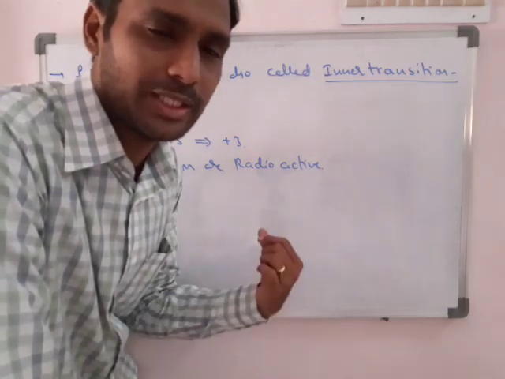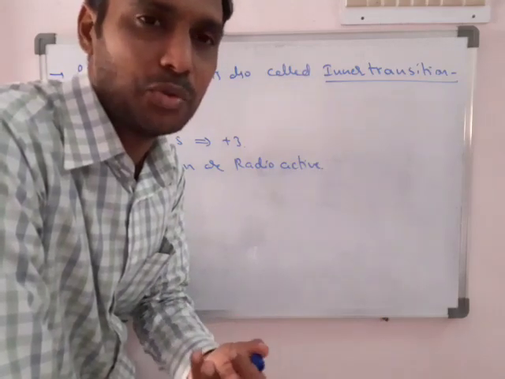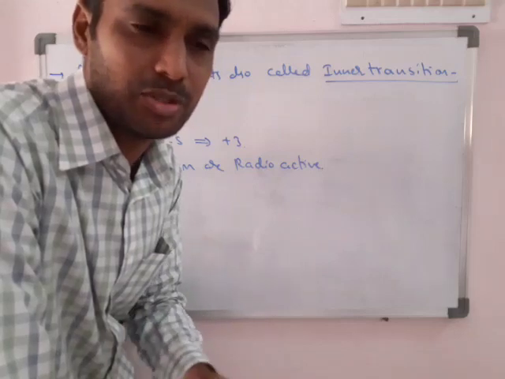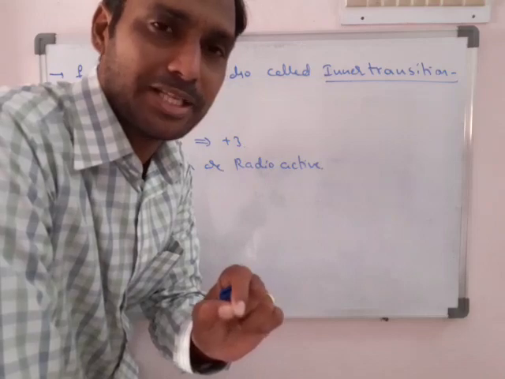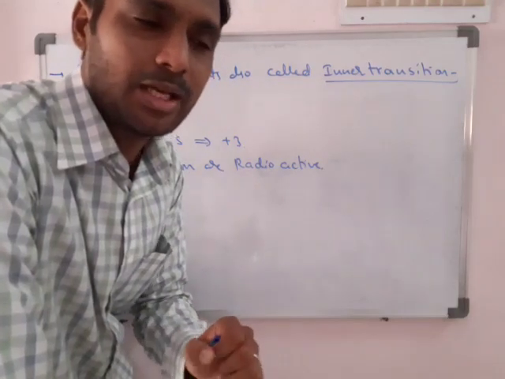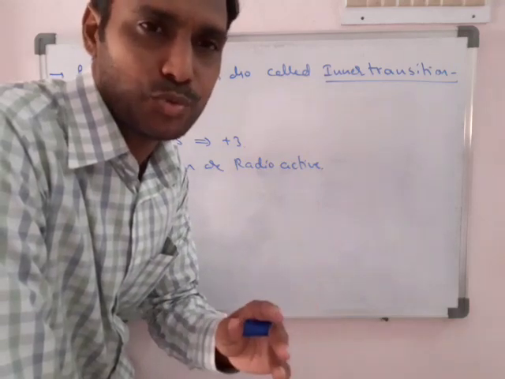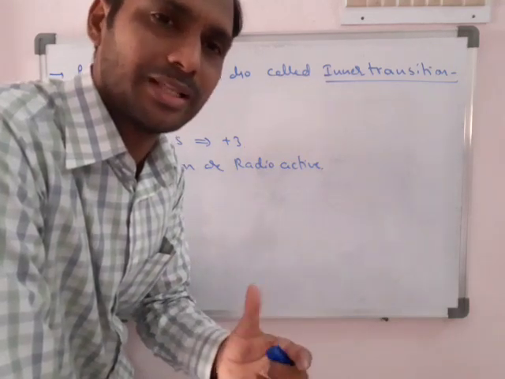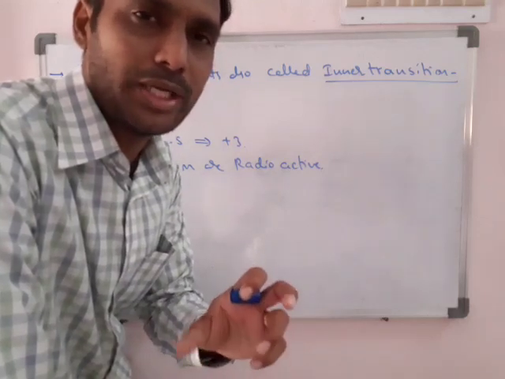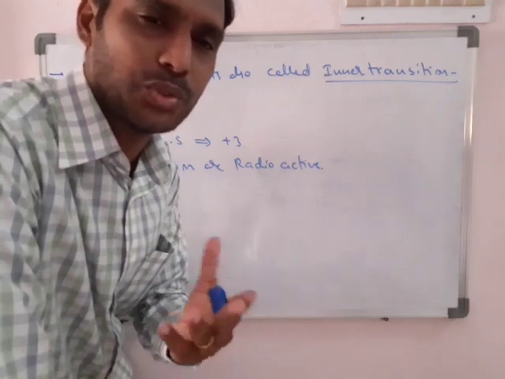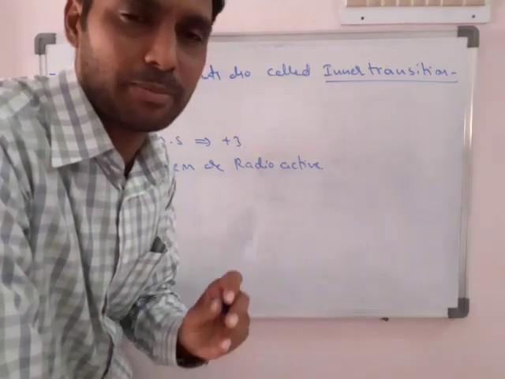There is a calculation of the total percentage and amount of transuranic elements in the world, because they are man-made and prepared only in a few particular laboratories. So there is a particular counting of how many grams exist. But no need to know about those calculations. So this was about F block elements.